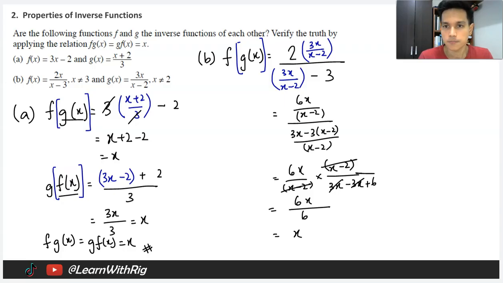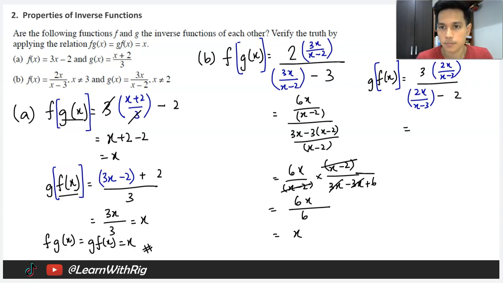Now let's see g(f(x)). So what is g(x)? g(x) is 3x over x minus 2. Now you're going to substitute f(x), because it's the object, right? So you substitute f(x) into the x value, 2x over x minus 3.